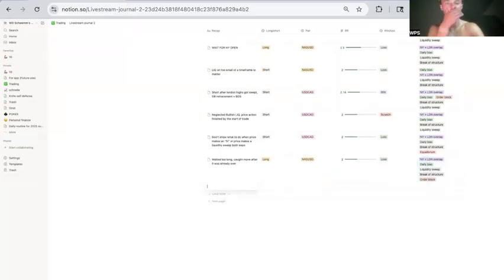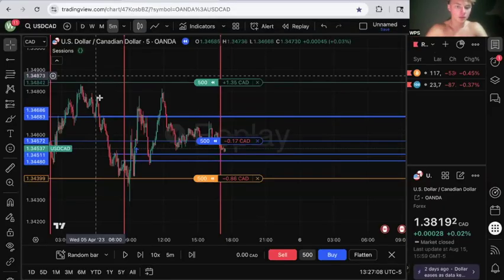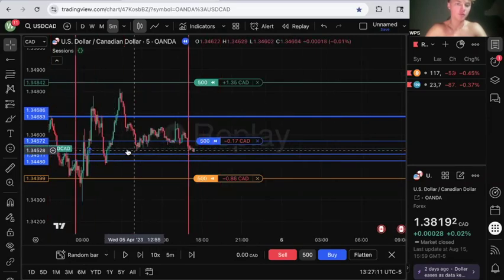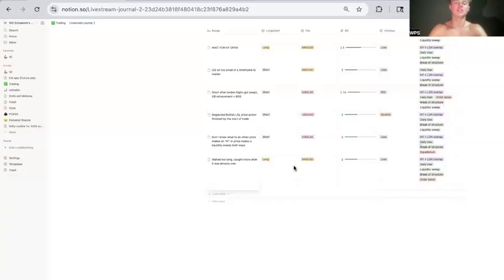So what happened there is I caught the move up, but not with an ideal entry, off of a 5 minute break of structure. That was like a 2-to-1 RR scratch.